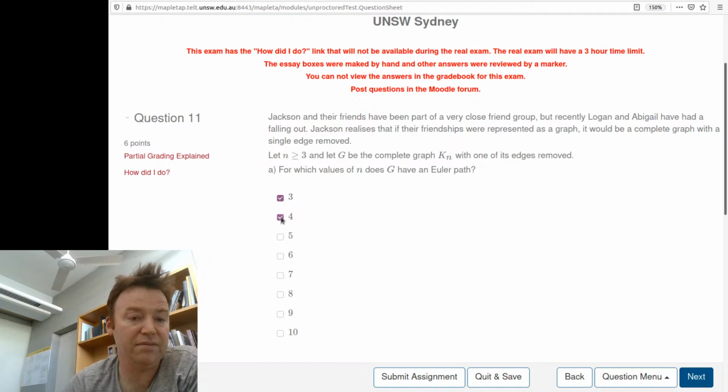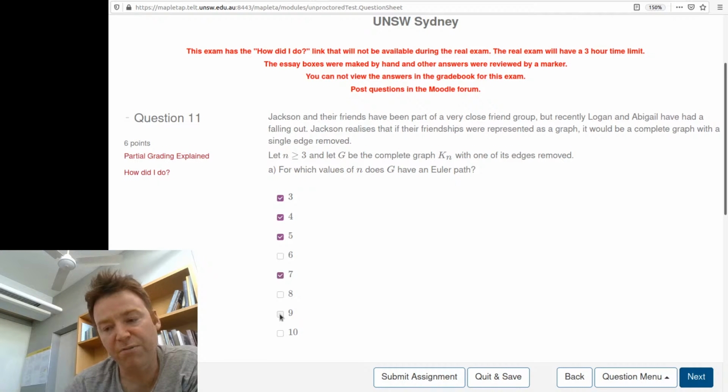So that's fine, because you've got 2 odd, 2 even. Here, there are 5 vertices. Everything has degree 4, except for 2 of them which have degree 3. That's fine. Here, everything has degree 5, except for 2 of them which have degree 4. That's not okay. You can only have 2 of odd degree. Here, everything has even degree except for 2 of them, so that's fine. Here, everything's odd degree except for 2 evens. Here, everything even except for 2 odds, and that'll do.